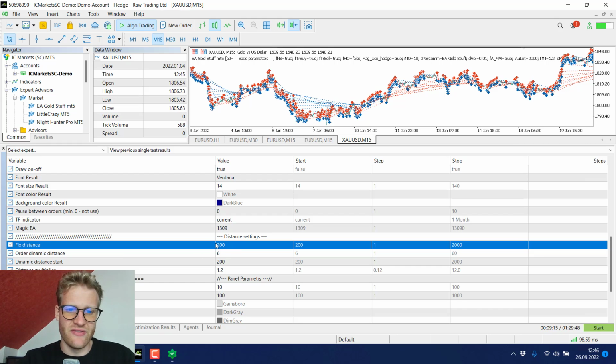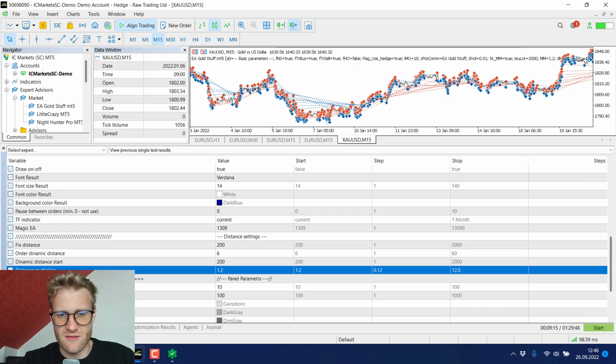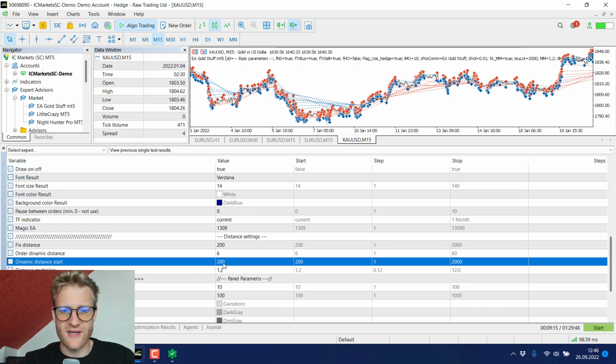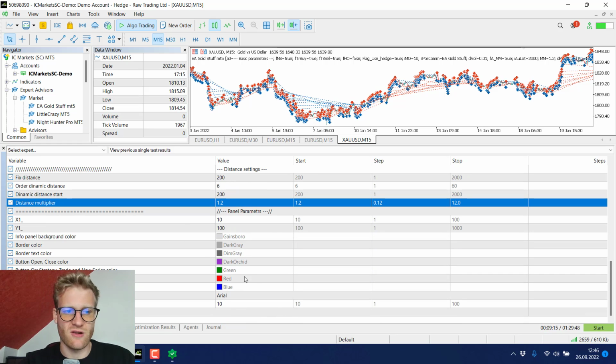This is the distance that you can define here. You can use some kind of distance algorithm where you increase the distance if there are more positions open, but in the end it's just a grid that you are using where you increase the lot size.